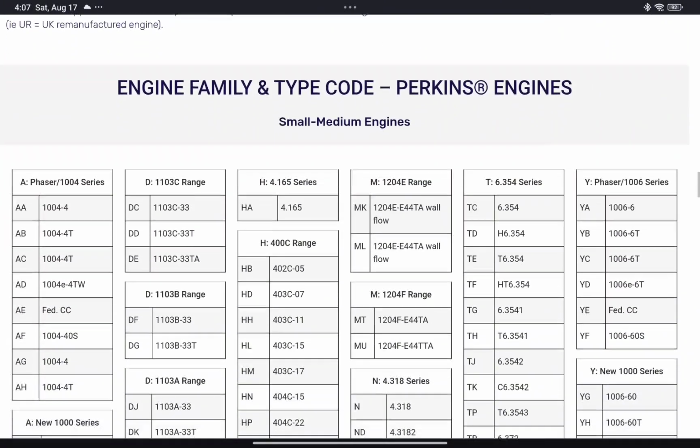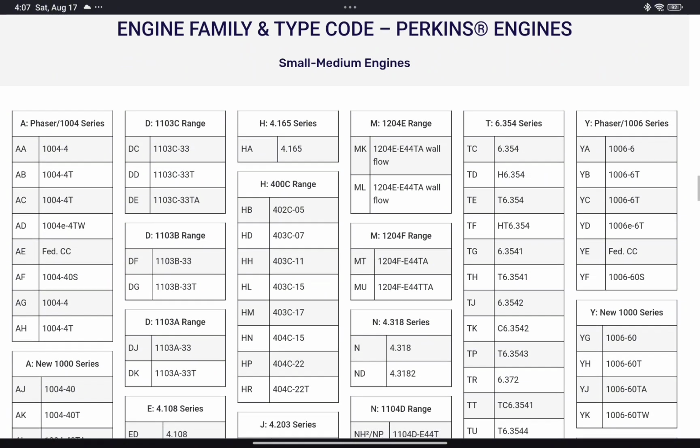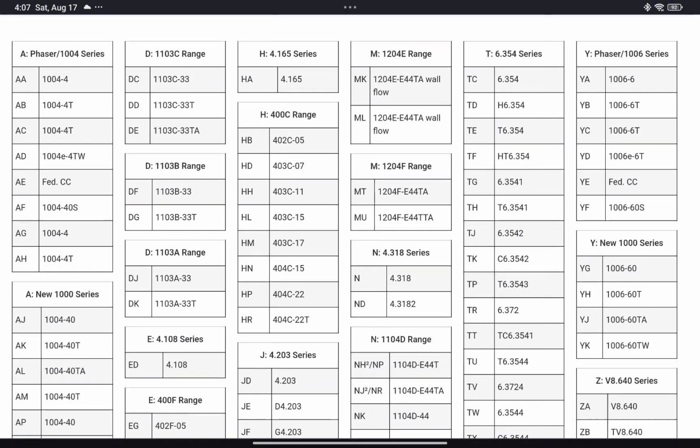In the next one, we're going to talk about the engine family code, or the type code, which you can see here on our engines. We have the 1104, which is a series of the engine, we have the 1000 series, and we have the 1103 range series.